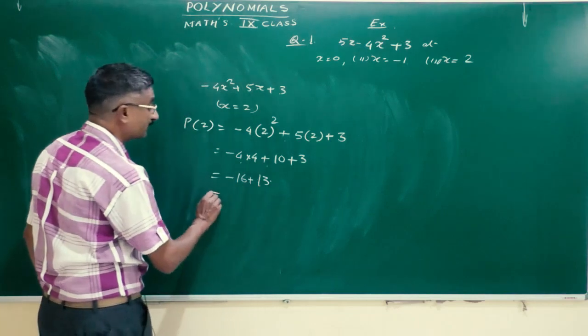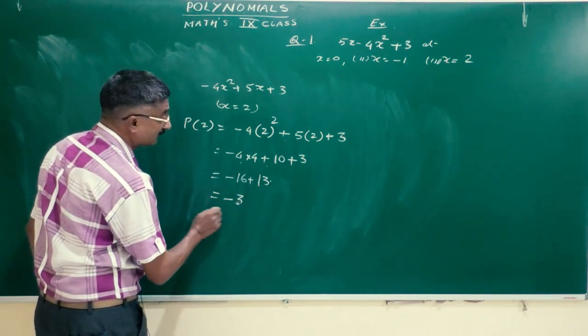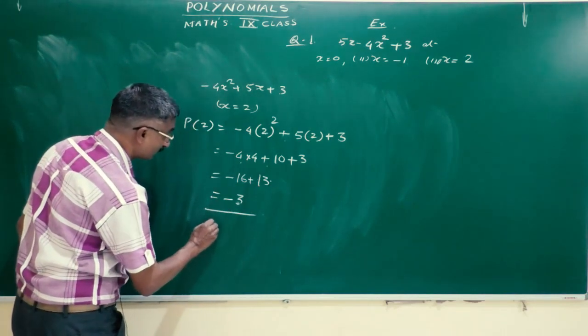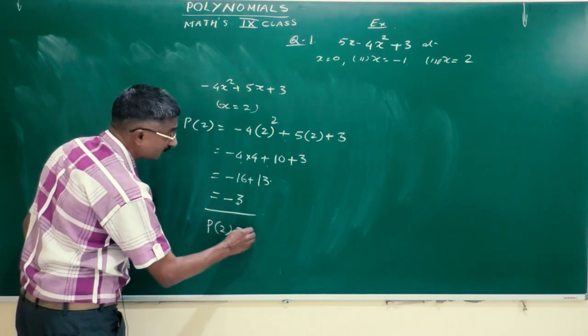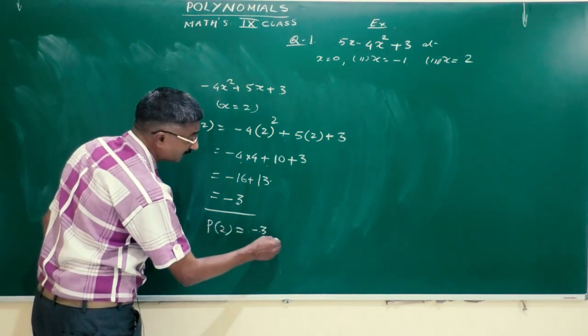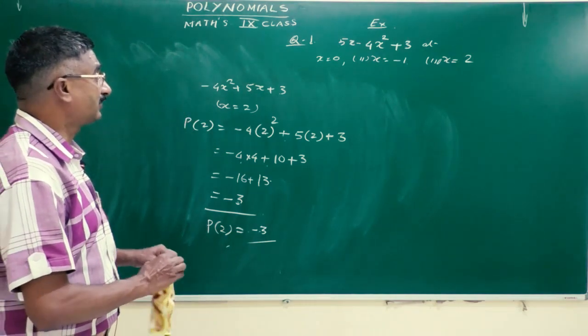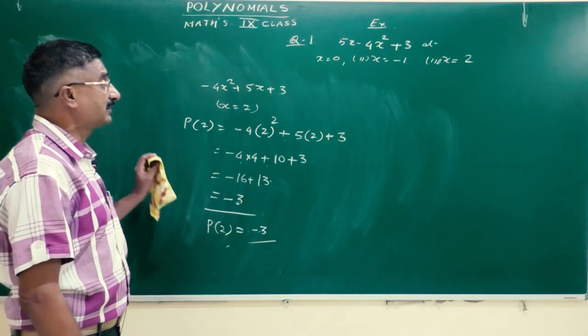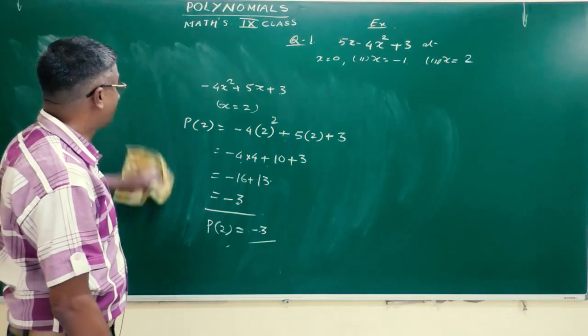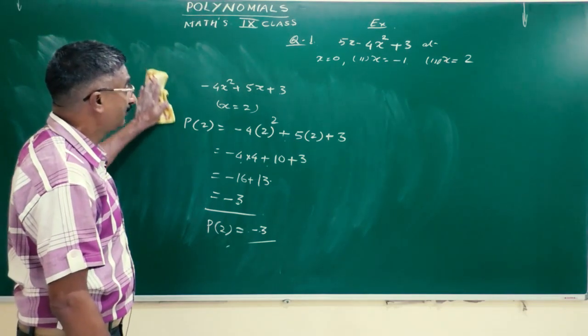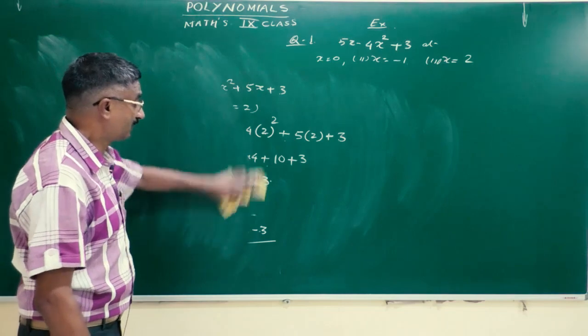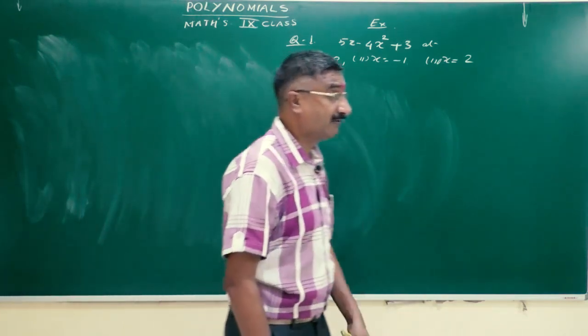So minus 3 is the answer. So p of 2 is minus 3. Clear? This is how we can solve problems like this, by substituting the value of the variable in the given polynomial.